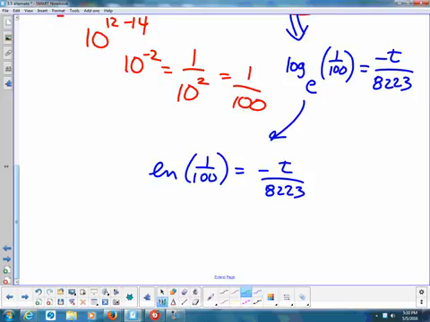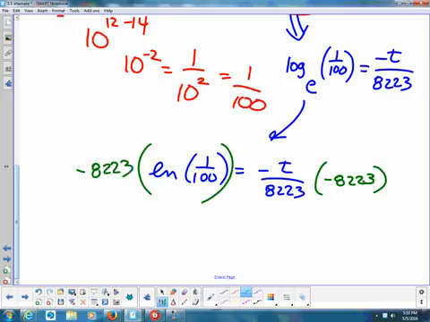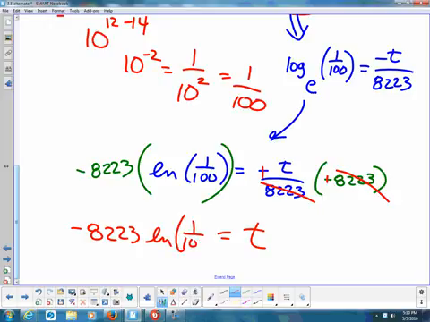And then to solve for t, I would multiply both sides of the equation by negative 8,223. So the 8,223's divide out, and a negative times a negative is positive. So I get t equals negative 8,223 times ln of 1 over 100.